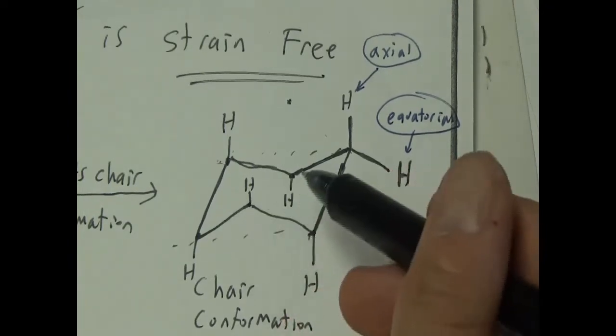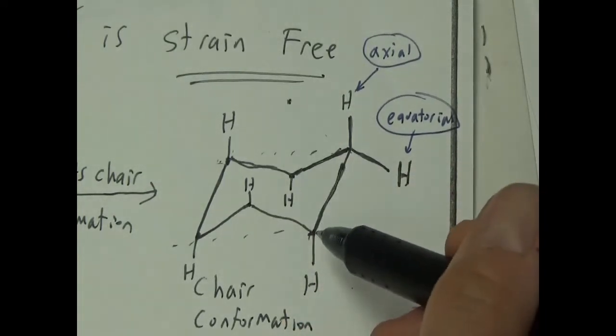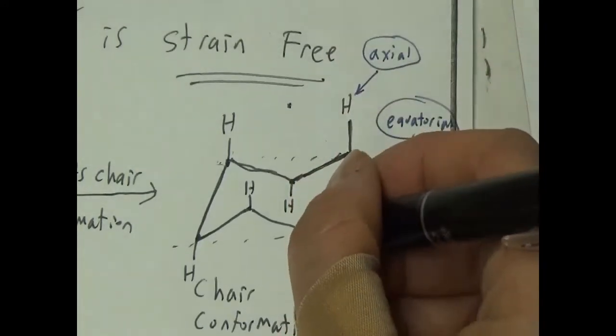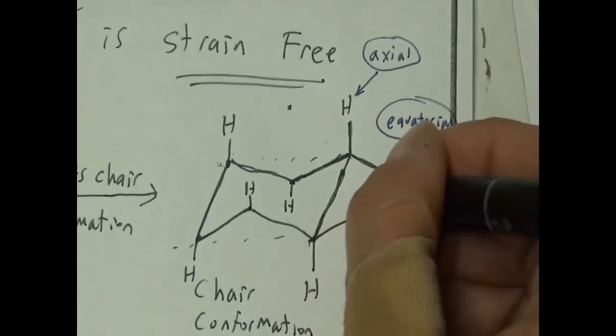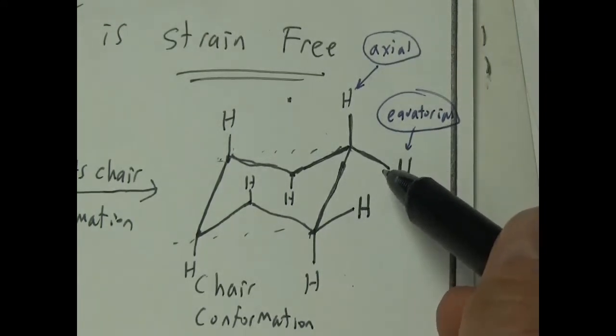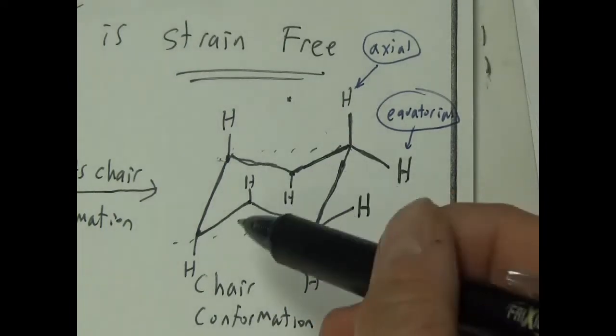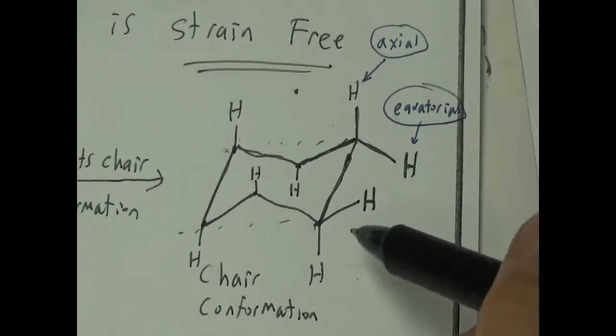So this is the bond it's going to be parallel to, the same angle, right? Now my equatorial is going to go parallel to one bond over, and it is up. See what I did? See how that C-H was parallel to this and this? Well, this C-H is parallel to this and this, parallel to one bond over. So there we go.